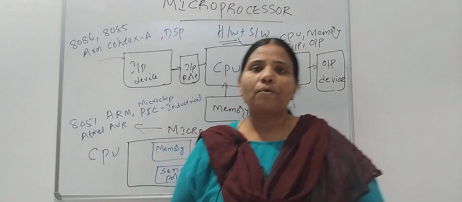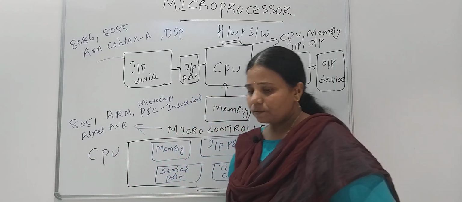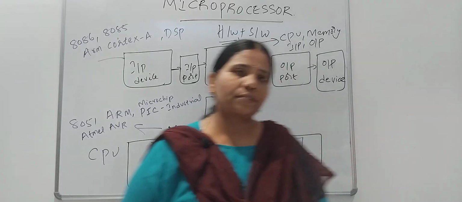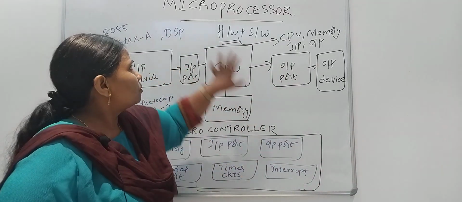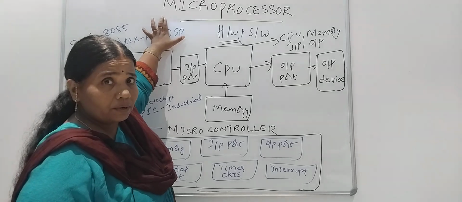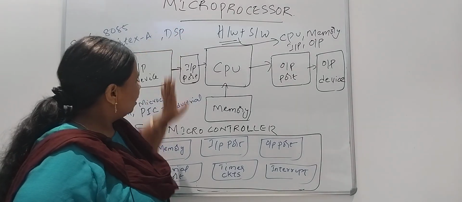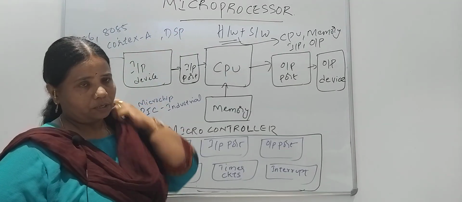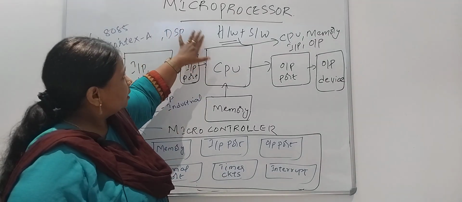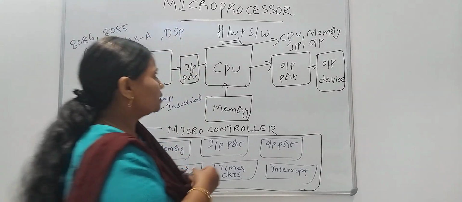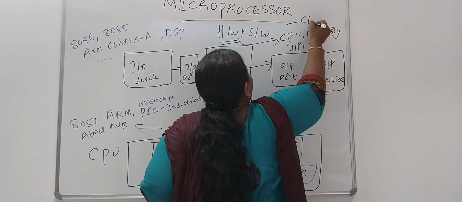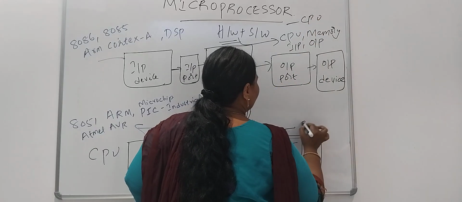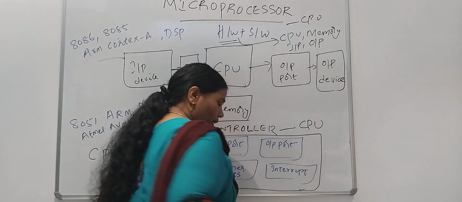Here, the hardware CPU stands for central processing unit. This central processing unit can be used as a microprocessor, or it can be used as a microcontroller. The microprocessor you can also call a CPU, and the microcontroller is also a CPU.